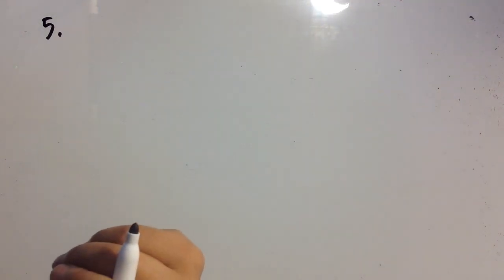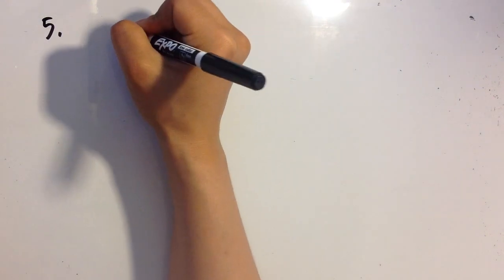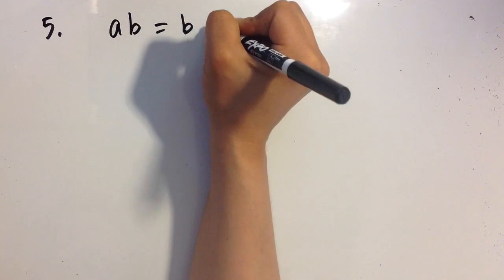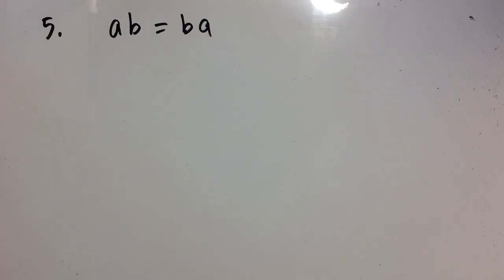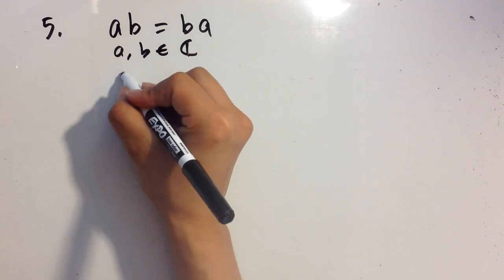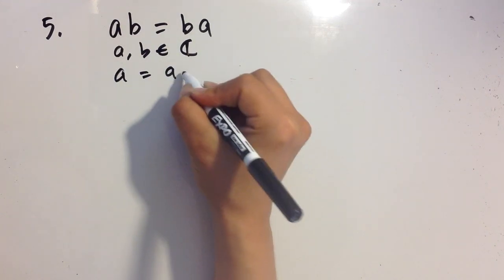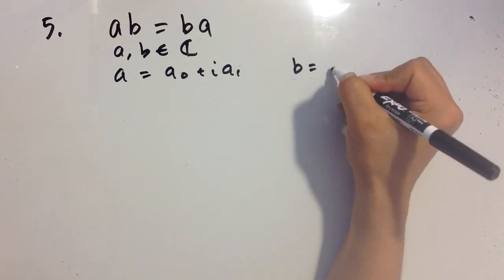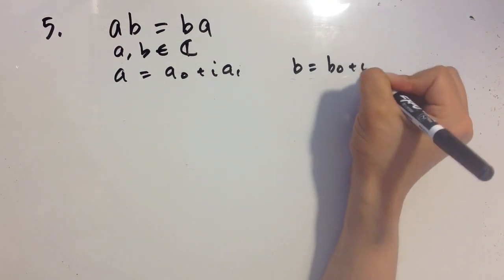Number 5 asks us to show that multiplication of complex numbers is commutative, which is equivalent to a times b is equal to b times a. Since a and b are complex numbers, we can write them as a is equal to a naught plus i a1, and b is equal to b naught plus i b1.